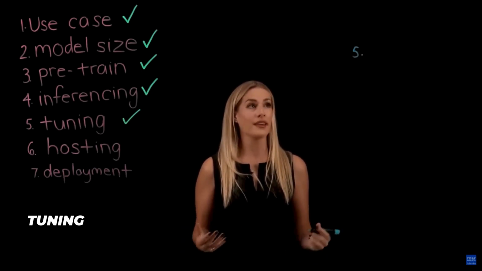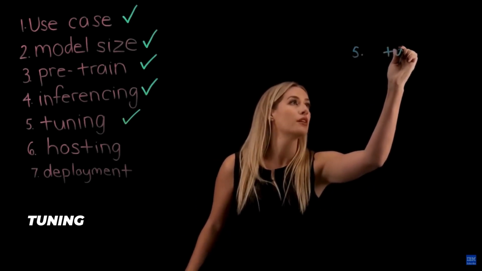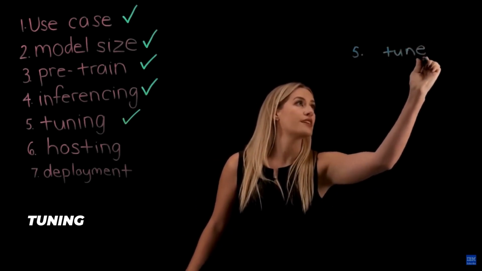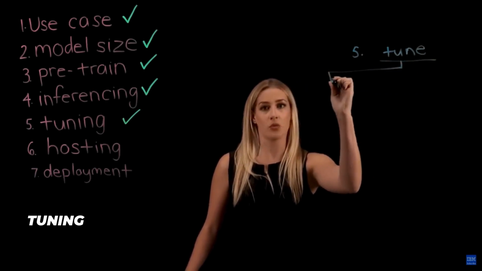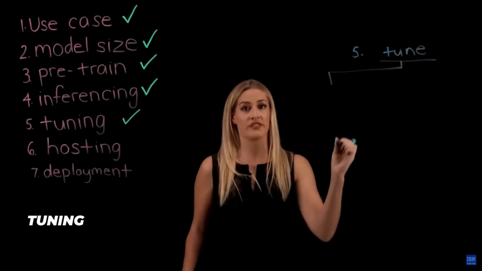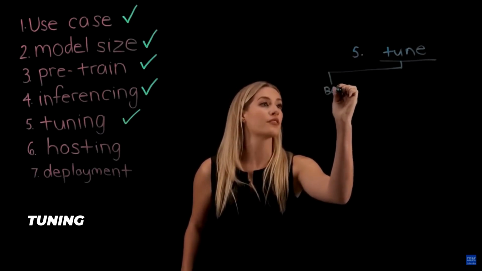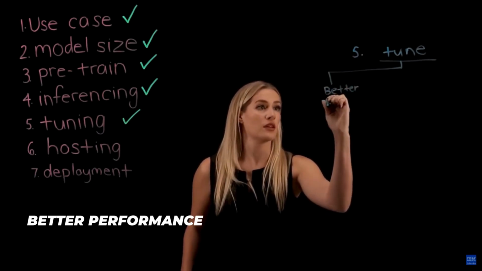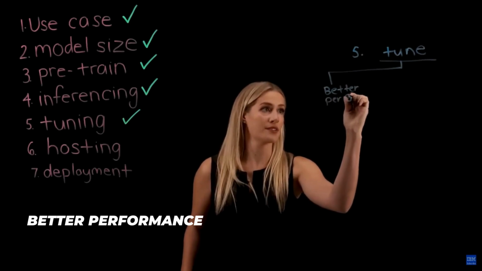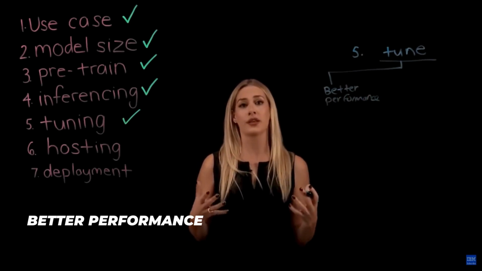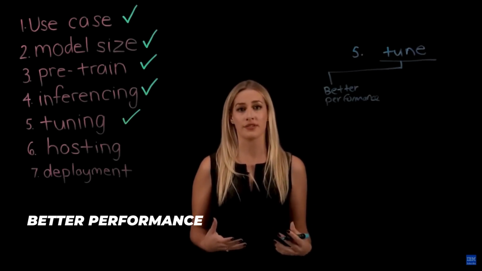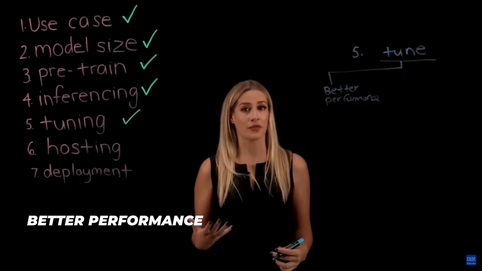Now, when you're making the decision to tune, there may be 2 reasons why you would choose to do so. So reason number 1, maybe it's to achieve better performance from your base model. When we talk about better performance, we're going to evaluate whether or not tuning the model on a large number of labeled data could really enhance performance.